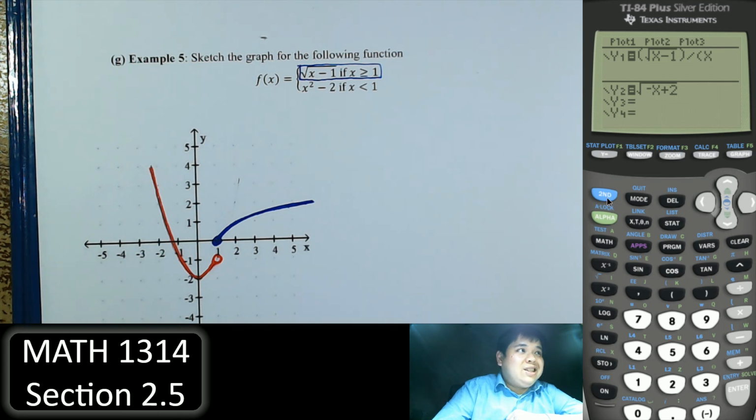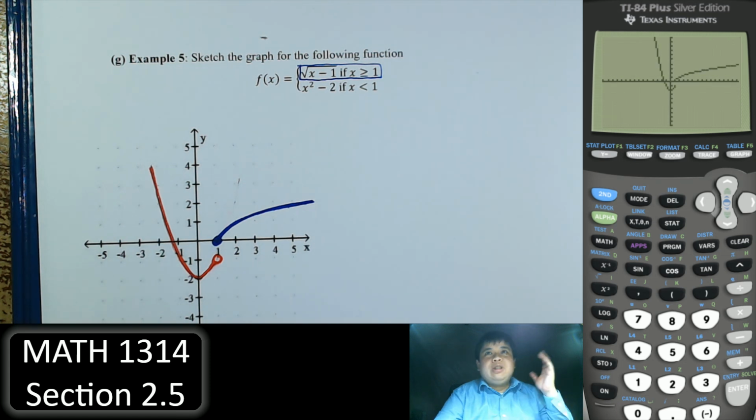The greater than will be second, hit the math, where we go to test, and greater than equal to 1. The next one, again, I put the parentheses, x squared minus 2, and divided by x second math less than 1. Yeah, so it looks like that.